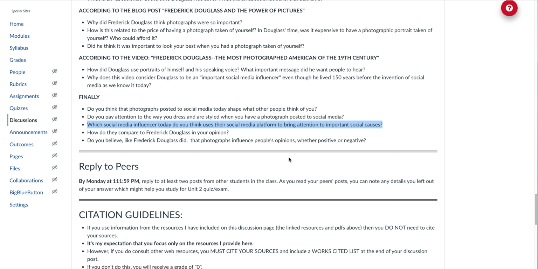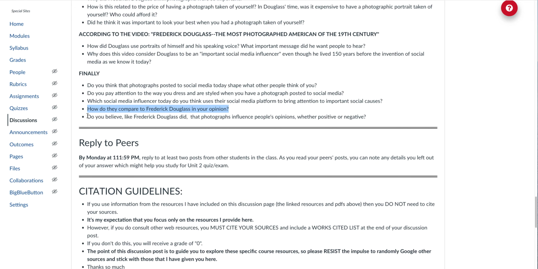So today, who are some of your favorite influencers? And are they bringing attention to important social causes? In your opinion, how do they compare to Frederick Douglass? And do you believe, like Frederick Douglass did, that photographs influence people's opinions, whether positive or negative?